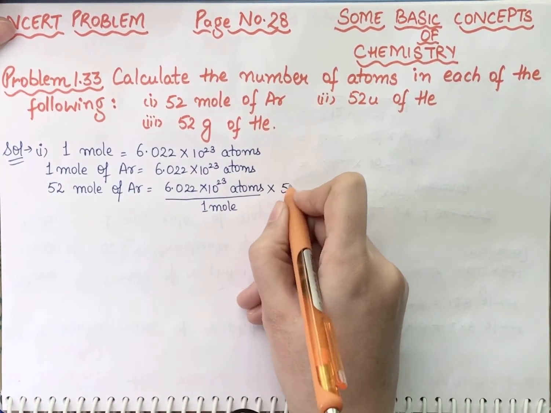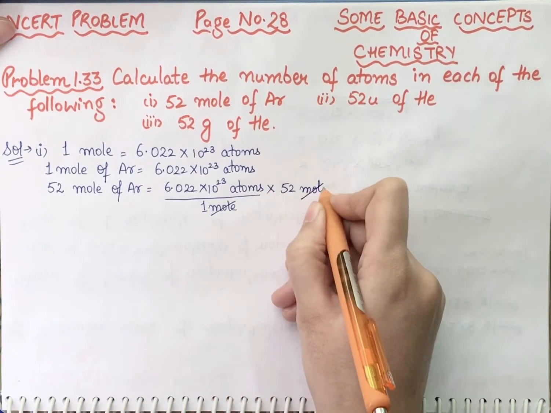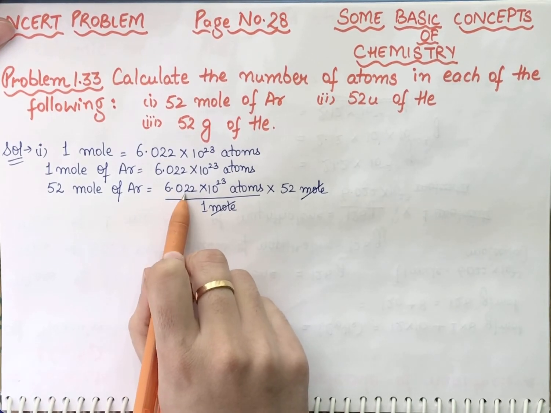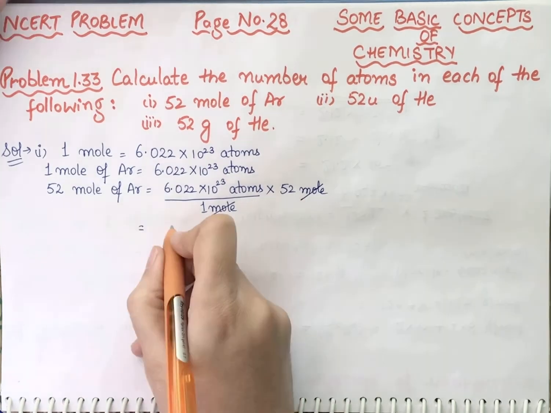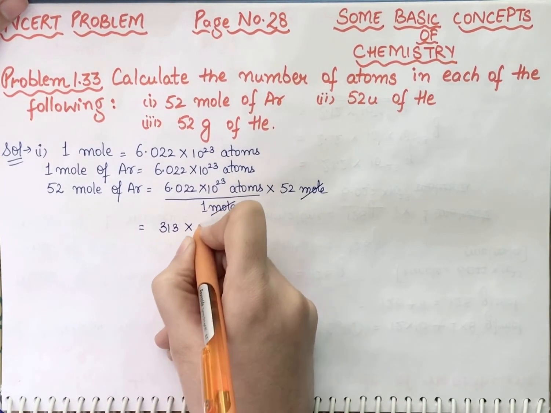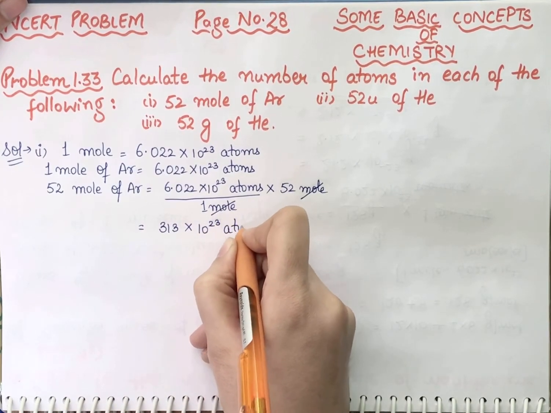So 52 mole, right? So I'll cancel mole with mole. If I'll multiply 6.022 with 52, I'll get my answer 313 into 10 raised to power 23 atoms.